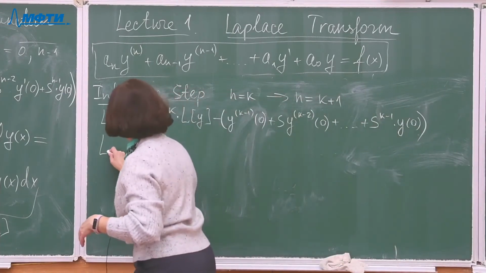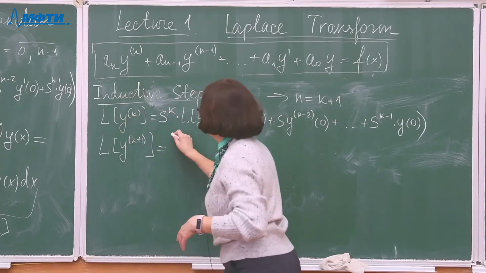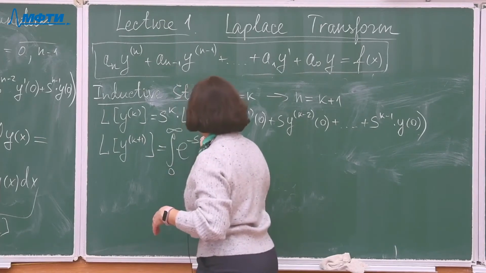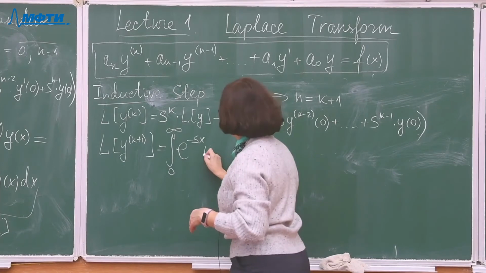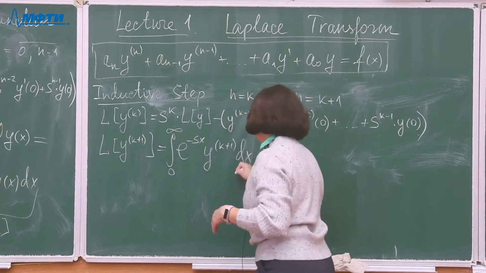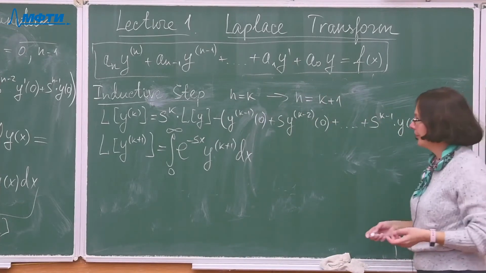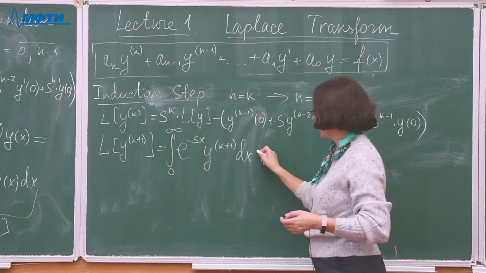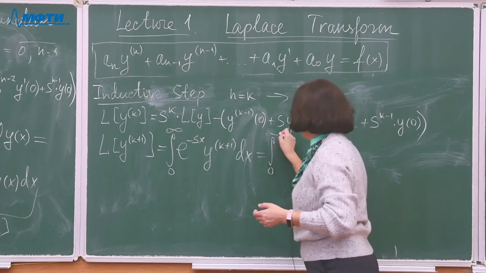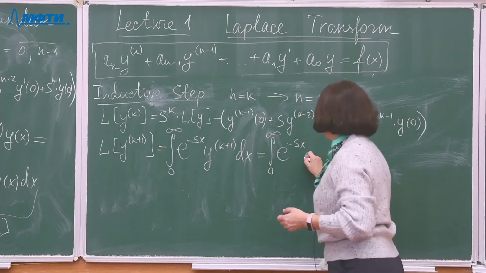And let's try to find L of y^(k+1). By definition, it is the integral from 0 to infinity e to the power minus sx y^(k+1) dx. We will use integration by parts again. We will move y^(k) to the differential sign, and this will be the integral from 0 to infinity e to the power minus sx dy^(k).